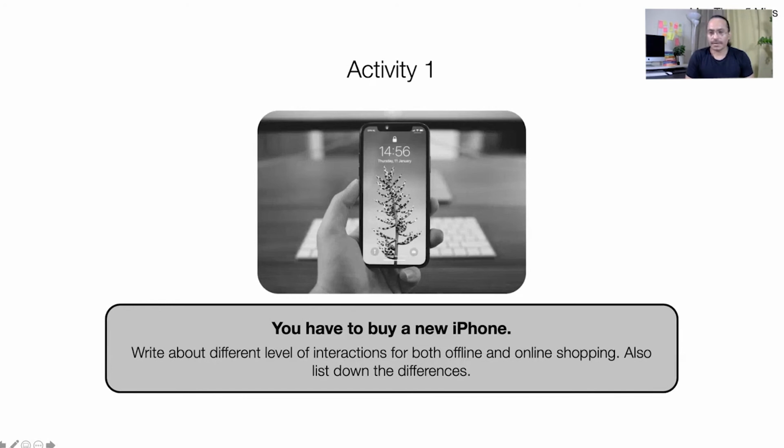If you can just read out the steps, anyone for the offline first? Sure. For the offline, I will probably first watch an ad on television about the iPhone and I will get curious about it.